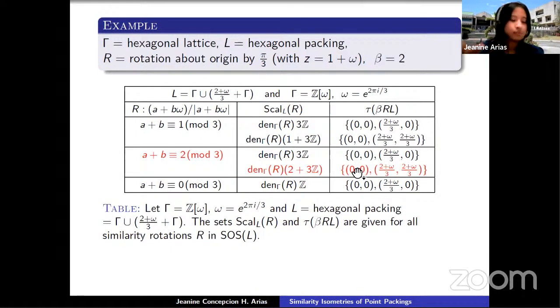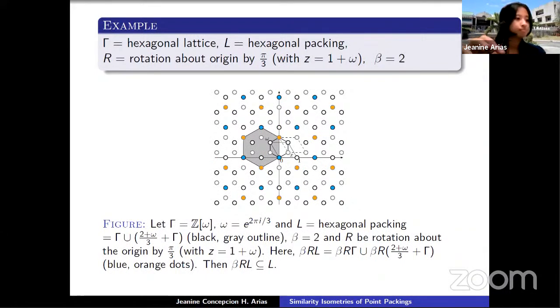And thus we have the following tau. To illustrate this, we again look at the figure. Here, L is the hexagonal packing represented by the black and gray outline dots, while beta RL is represented by the blue and orange dots. We can see that the blue dots intersect the black outline dots, while the orange dots intersect the gray outline dots.